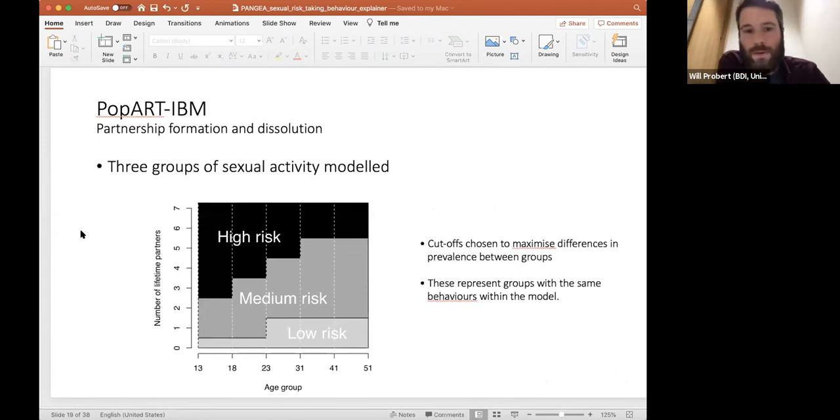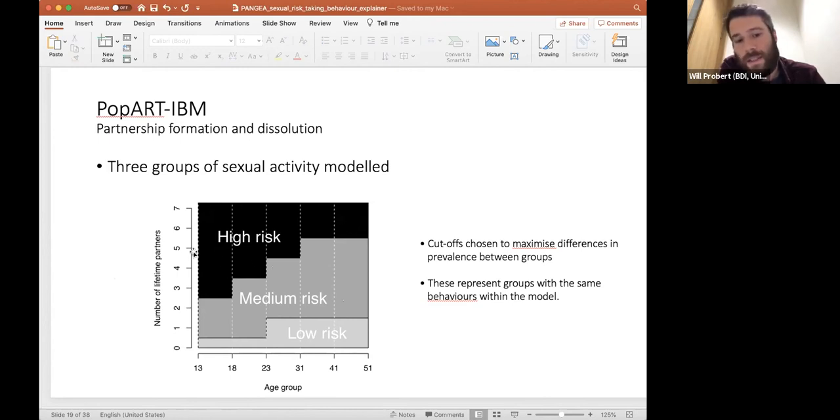So we modelled 3 groups of sexual activity or sexual risk-taking behaviour. It's a proxy for sexual risk-taking behaviour. And these were found by looking at the extended questionnaires of sexual behaviour from the population cohort, and looking at individuals' age and the number of lifetime partners, and finding a cutoff across this space so that we would maximise differences in prevalence between those three different groups.